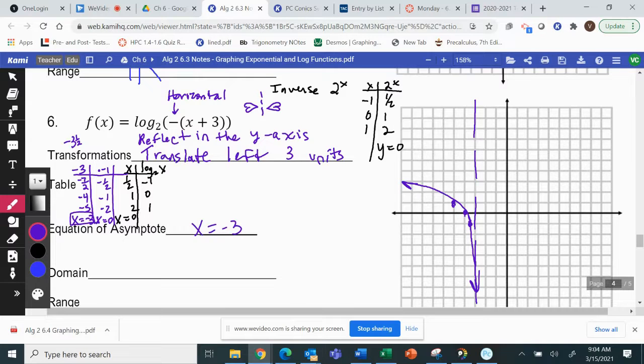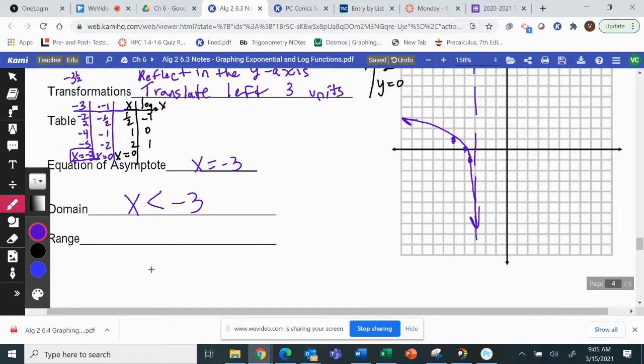So smaller numbers than -3. So I'm going to write x is less than -3. And then the range is going to be all real numbers. Again, the asymptote tells you which of the domain or range is being affected.